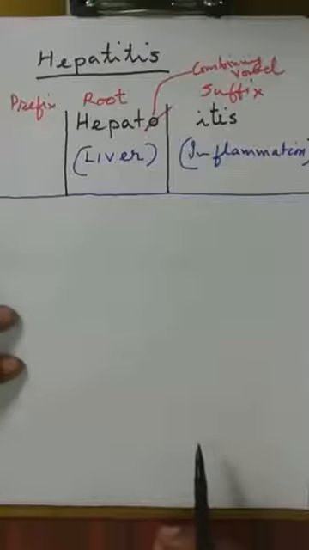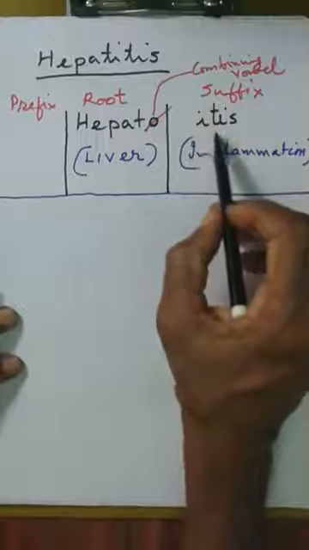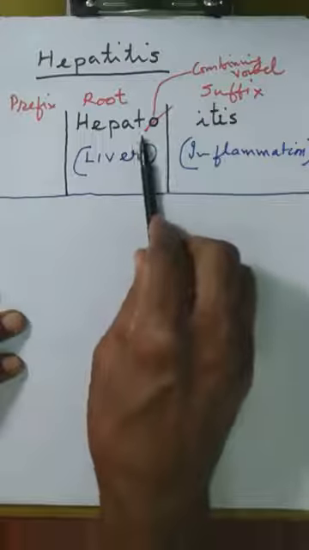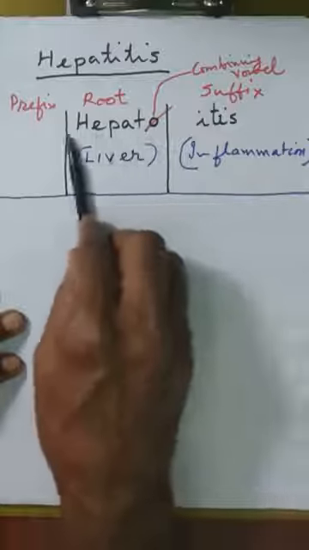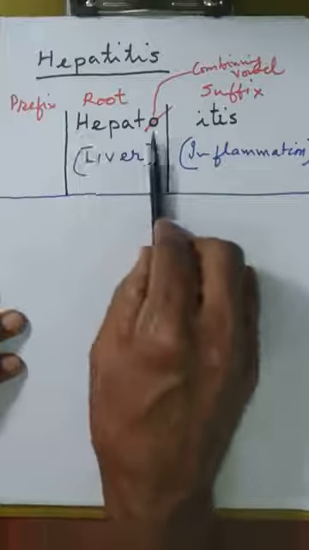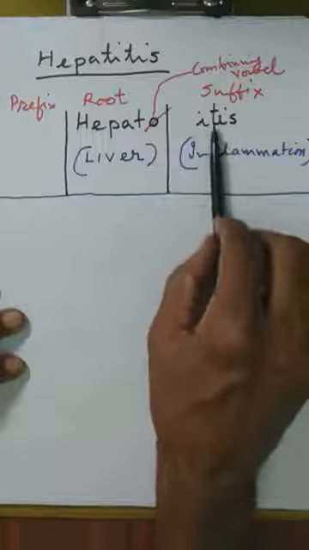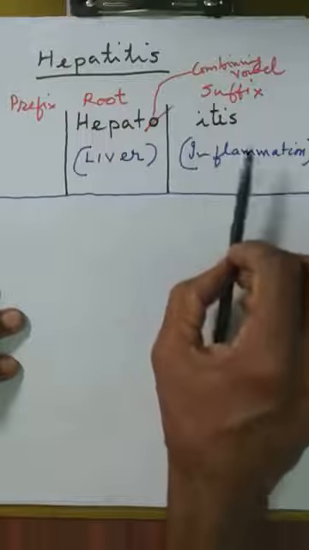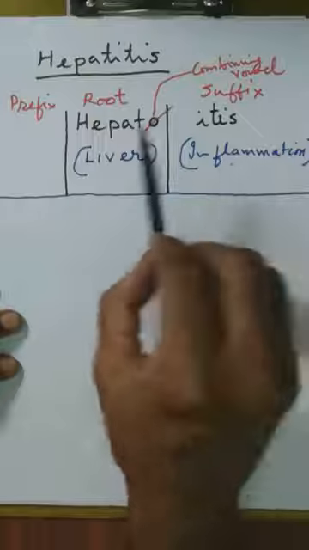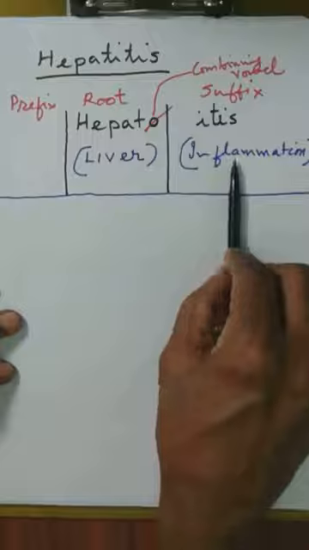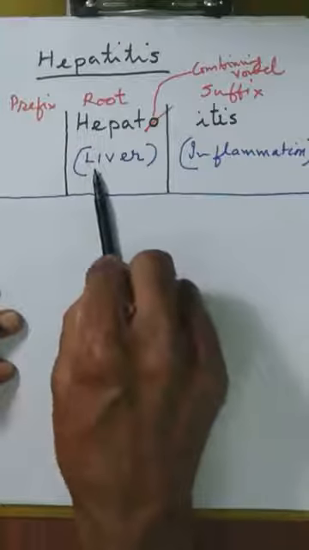So if you join this I-T-I-S with any word which represents any part of the body, automatically it means inflammation of that part of the body. Here, inflammation of the liver.